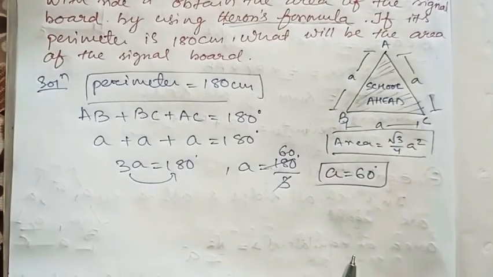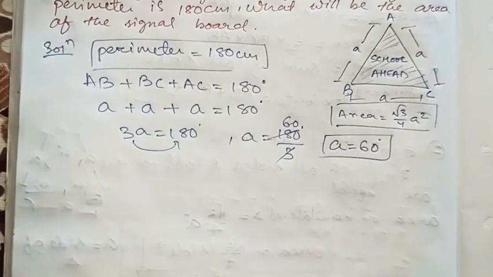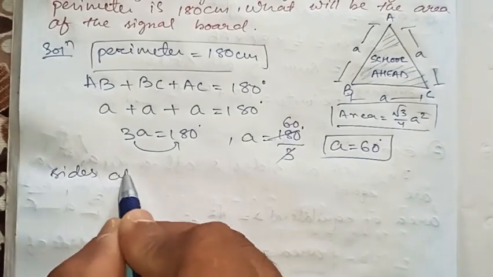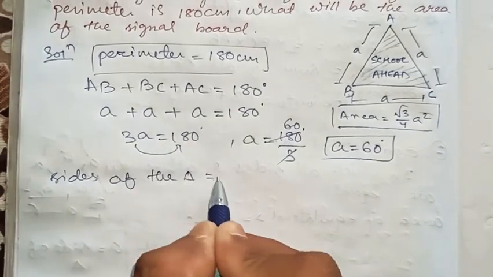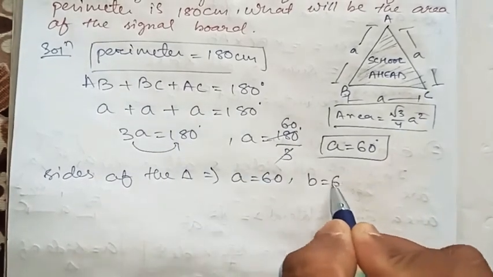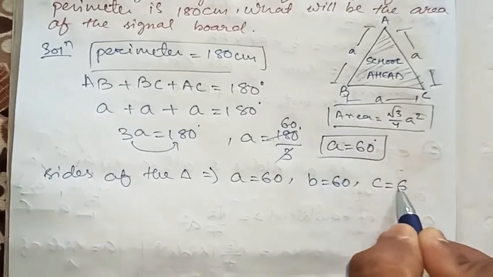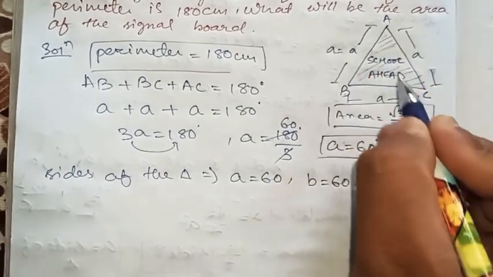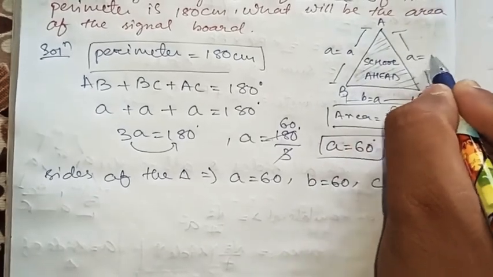So whenever we use Heron's formula, I told you first you write the sides of the triangle. So the sides of the triangle will be a is 60, b is also 60, c is also 60, because all the sides are equal. Suppose I take this as a, this as b, this as c.